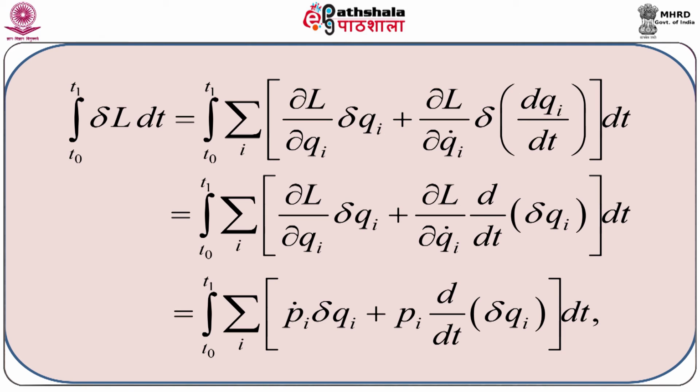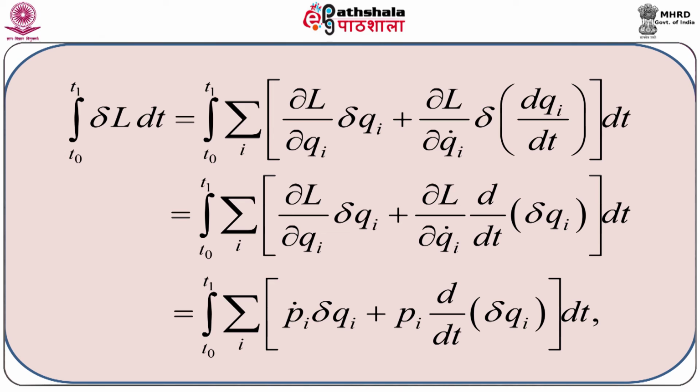Here we have used that d/dt and δ variation can be interchanged. Therefore, this equals the integration of the summation over i of pi dot δ qi plus pi d/dt of δ qi, dt.